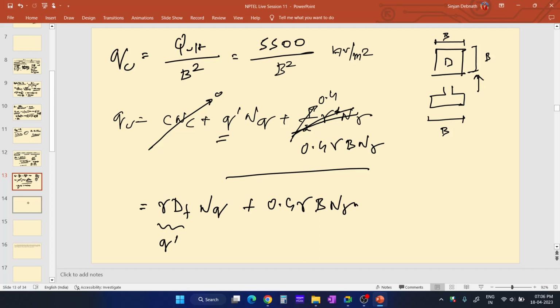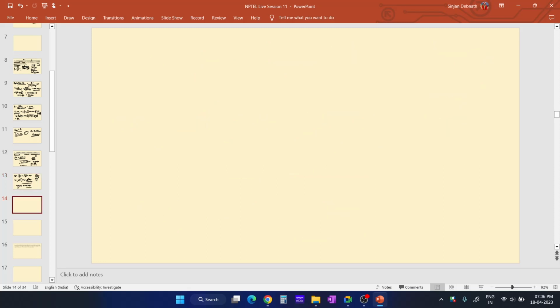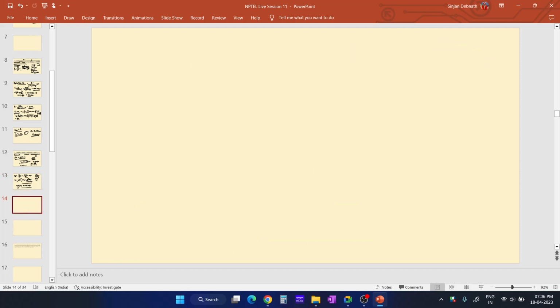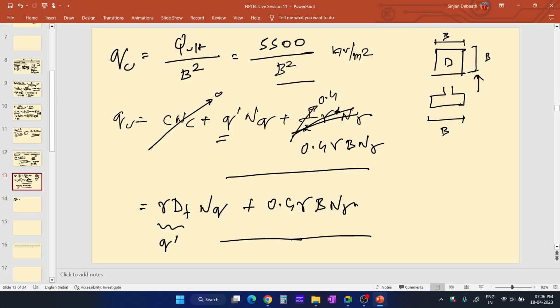So let me put all the values into this equation. Since both are qu, we can equate both terms directly. 5500 divided by B square is equal to gamma Df Nq plus the second term.